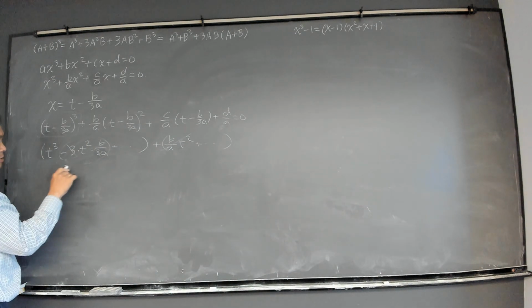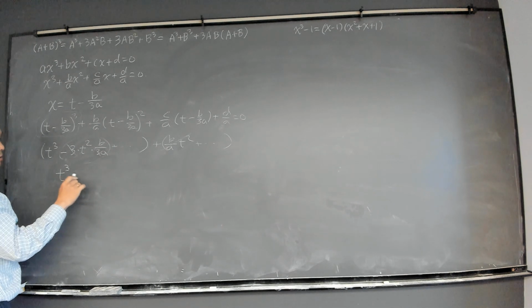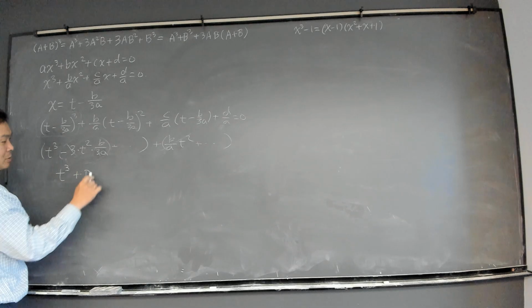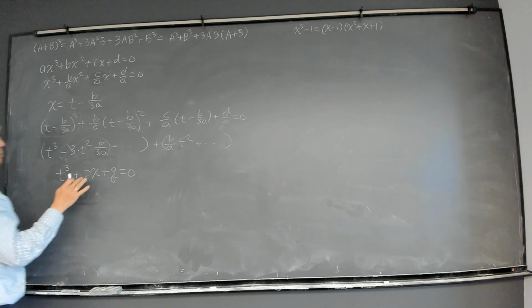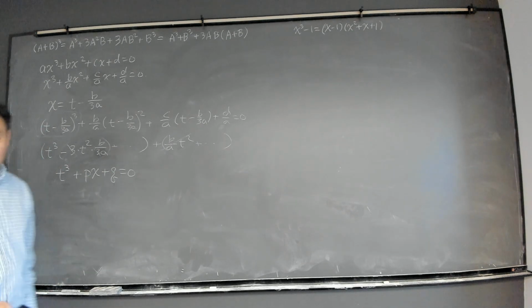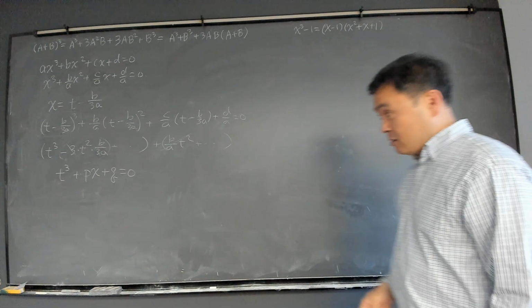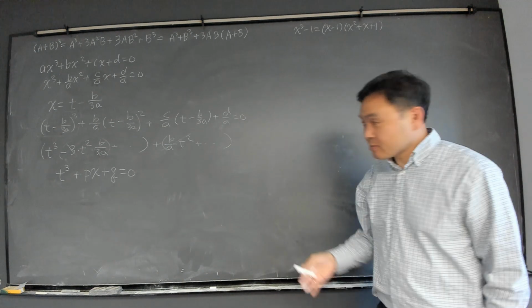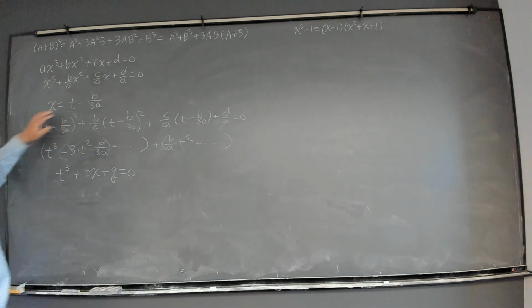So at the end of the day, if you simplify this, you're going to get t cubed, and you're not going to get any t squared, but you're going to get p times t, and then q equal to 0, and p and q will be some complicated formula from a, b, c and d. But I mean, you can always do this transformation to come up with this.